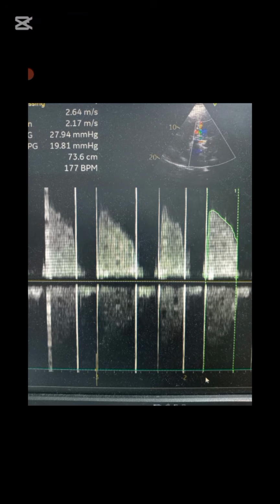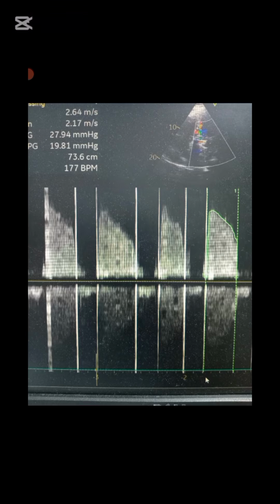So from these parameters we are sure that there is something abnormal: the elevated velocity and gradient mean there is either high flow, functional stenosis, or patient prosthesis mismatch, or pathological stenosis.